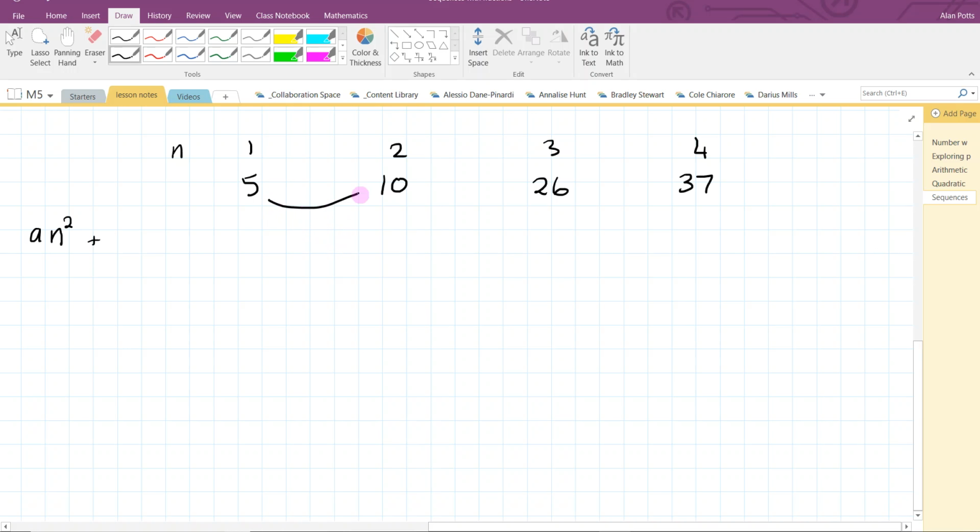So the first line of difference is plus 5 plus 16 plus... Have I messed up again? Oh, do you know what? I've messed up completely. I'm going to change it because I did something that wasn't going to work.